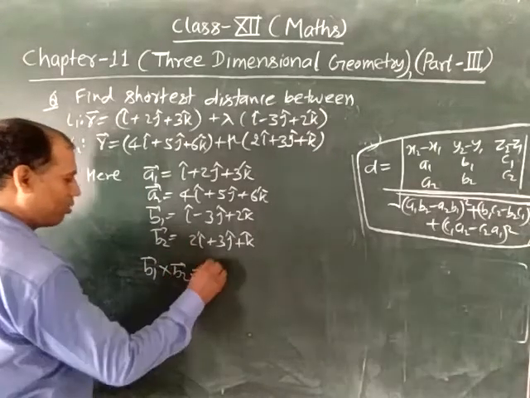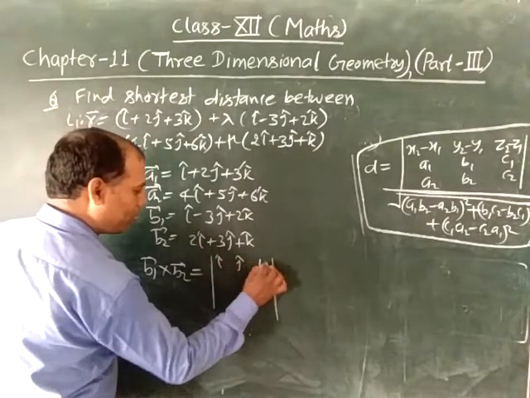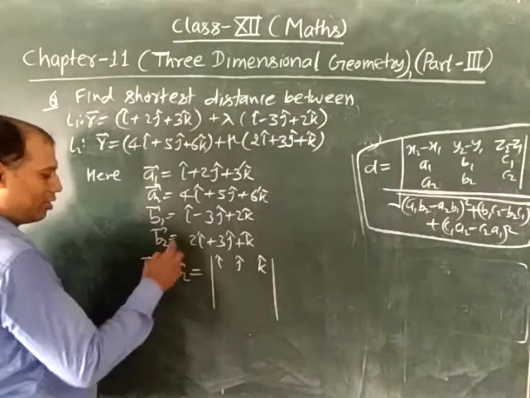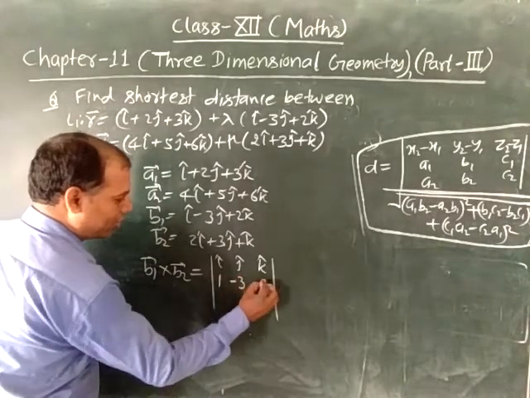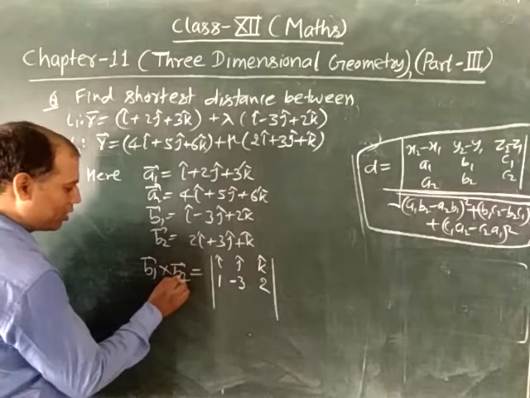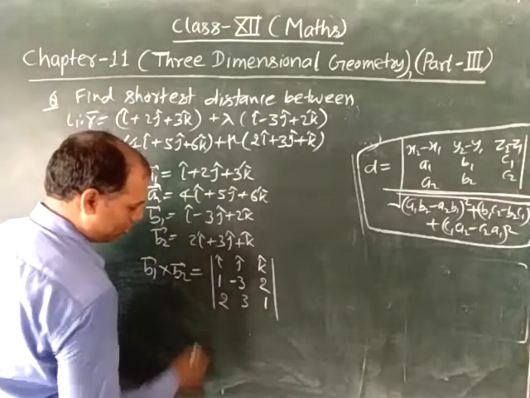b1 cross b2 can be related by the value of the determinant in which the first row contains i j k, the second row contains components of b1 which are 1, minus 3, 2, and the third row contains components of b2 which are 2, 3, 1.